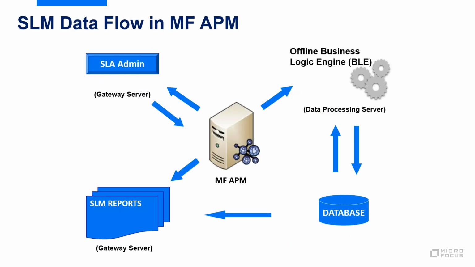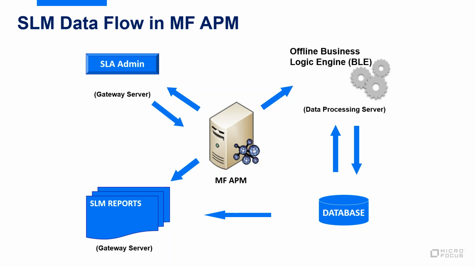SLA data flow happens in this way: in the SLM admin page, we will create SLAs, which are stored from the gateway server to the database, and then these SLA definitions are fetched by the offline engine. Then the offline engine will calculate, or we can say re-aggregate or aggregate, and then push back to the database the re-aggregated data and the SLA status, and then that data will be fetched from the database to the SLM reports.